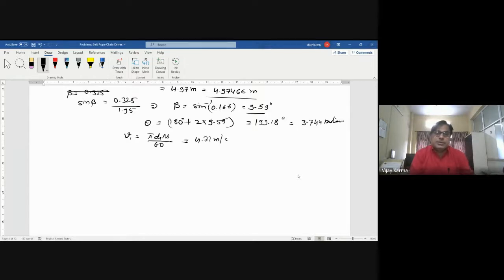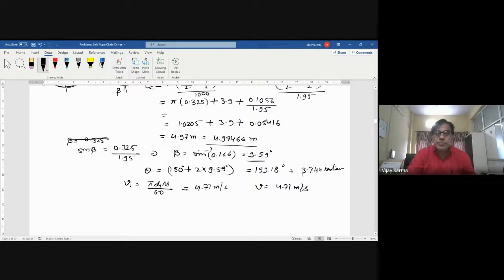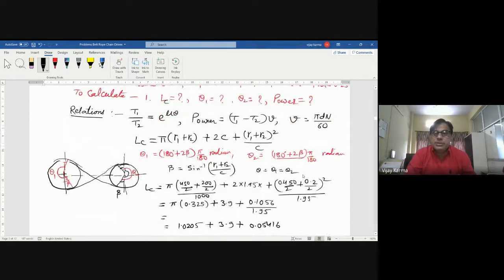There is no slip in the belt, so V1 is equal to V2. So the velocity is 4.71 meters per second, known for the power calculation. Now we have to find T1 and T2.